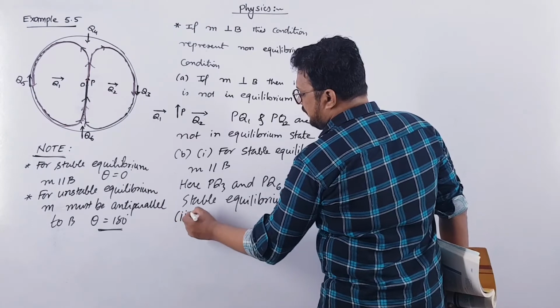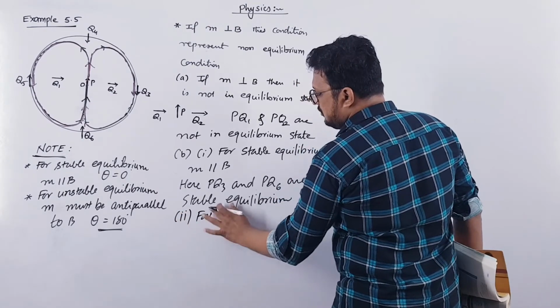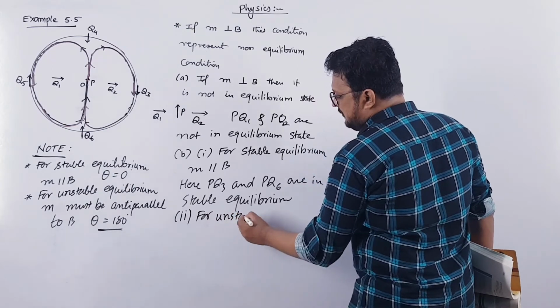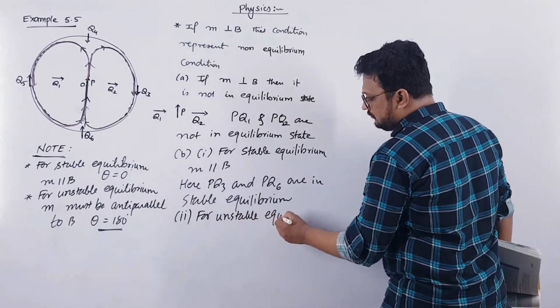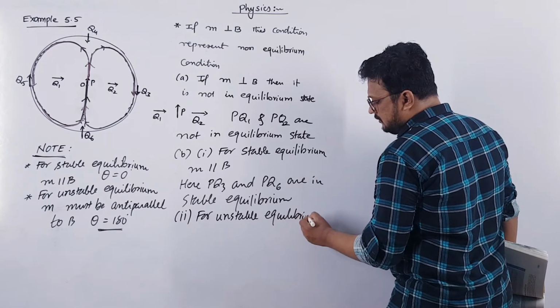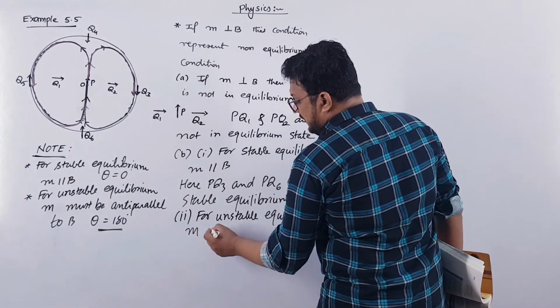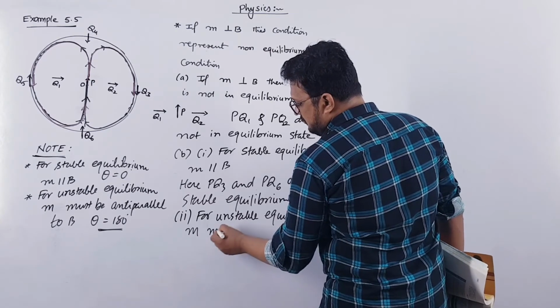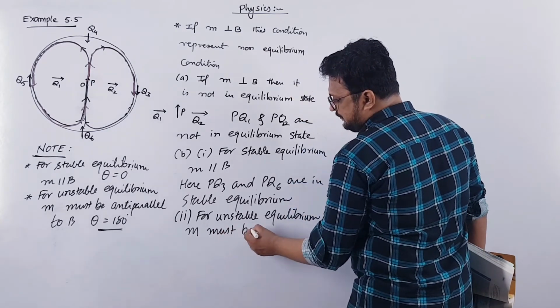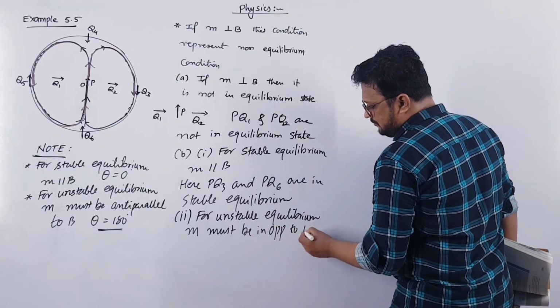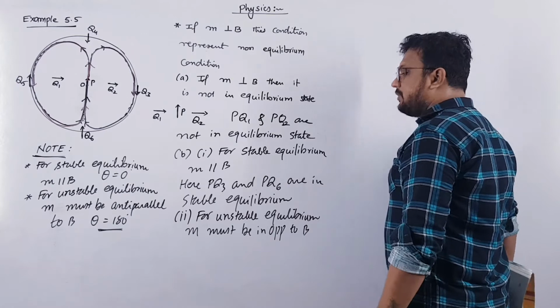Now for unstable equilibrium, M must be in the opposite direction. M must be opposite to B, right? M and B must be in opposite directions.